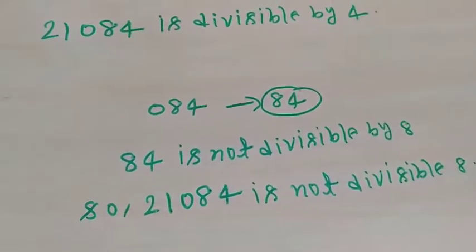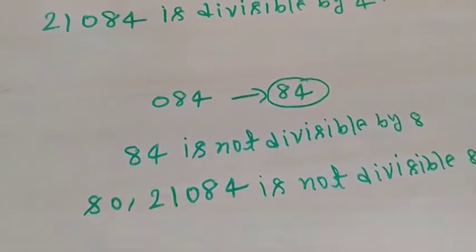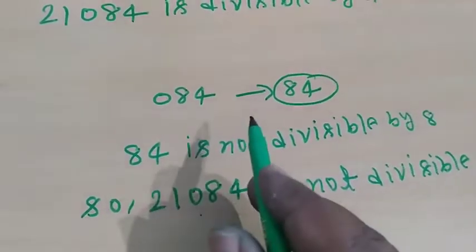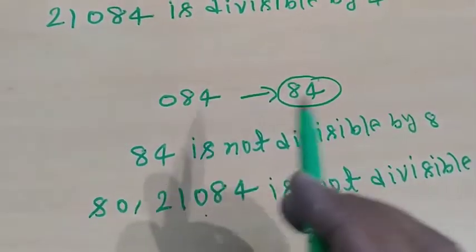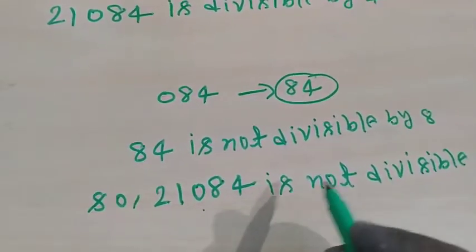For divisibility by 8 we check the last 3 digits. Here the last 3 digits are 0, 8, 4, meaning 84. So 84 is not divisible by 8. So 21,084 is not divisible by 8.